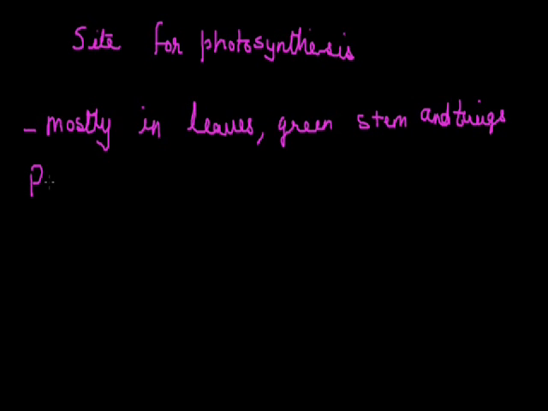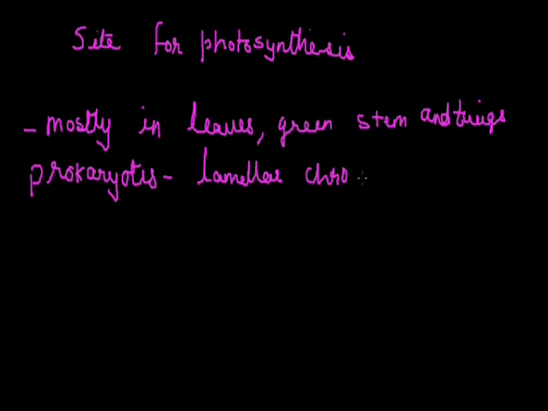In prokaryotes, that is, in organisms which do not have a well-defined nucleus, photosynthesis occurs in lamellar chromatophores. It does not occur in the chloroplast because they do not contain chloroplasts like the eukaryote.